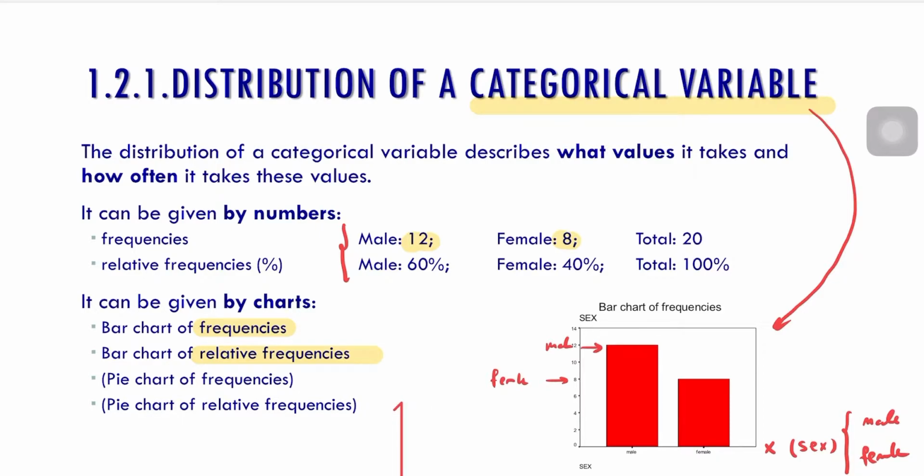As you see here, I made a table with the male here and the female here, 12 here and 8 here. We can show points, or we can make a line between them, in this form with the point or with the line.